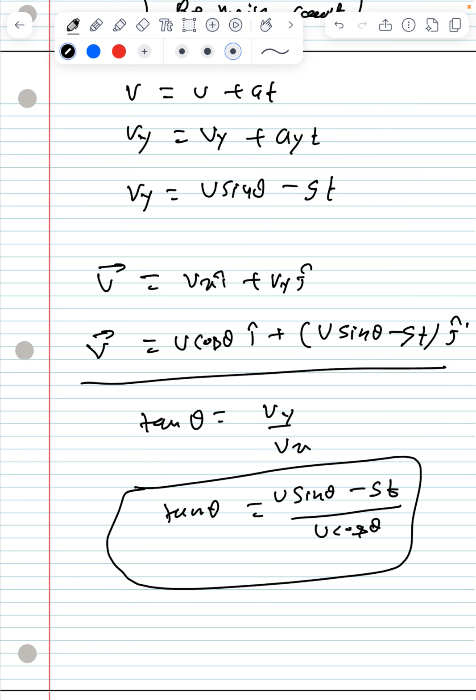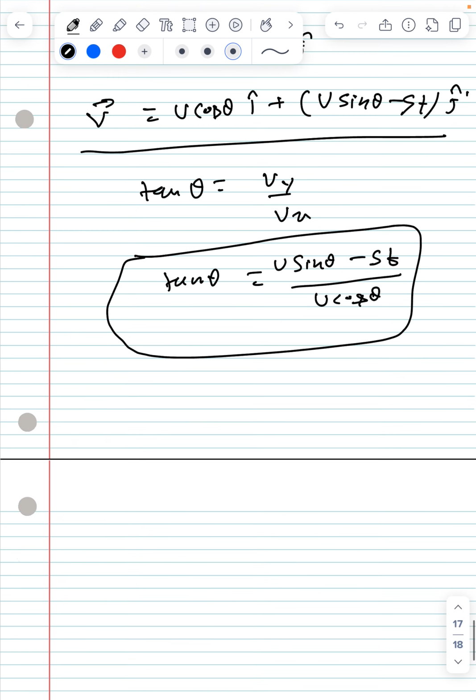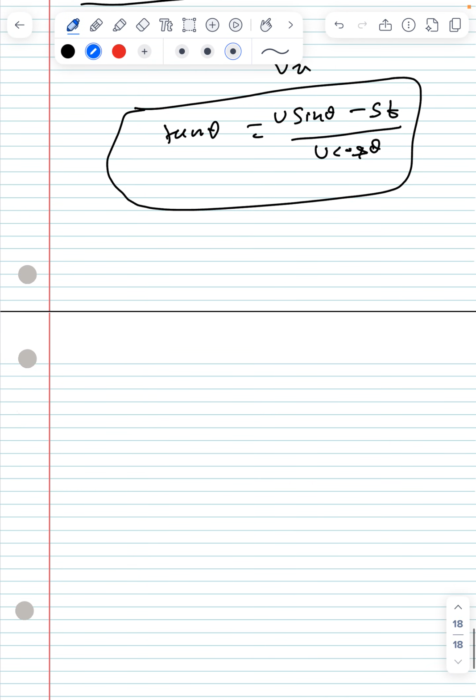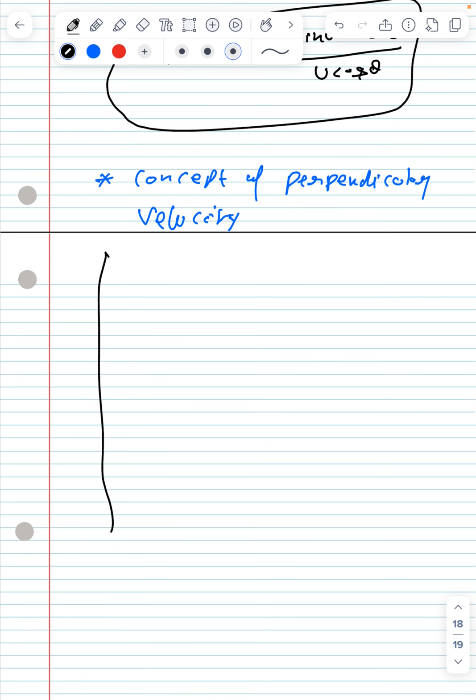And for the calculation of the angle, tan theta equals vy divided by vx, so tan theta equals u sin theta minus gt divided by u cos theta, right?